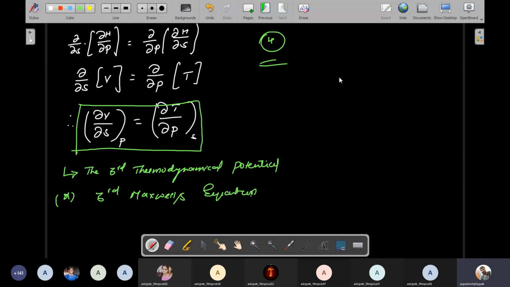Next, fourth topic, fourth Maxwell's equation. We will right now derive the fourth Maxwell's equation. For that purpose, I will just arrange all these things.